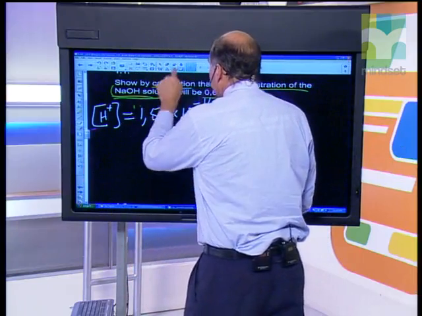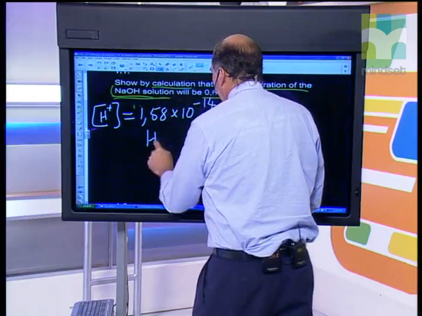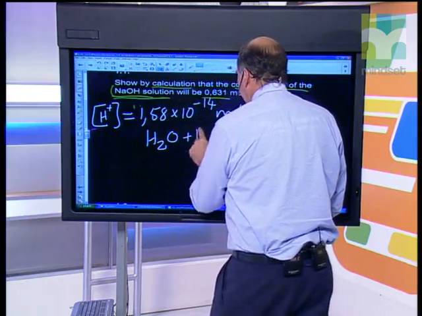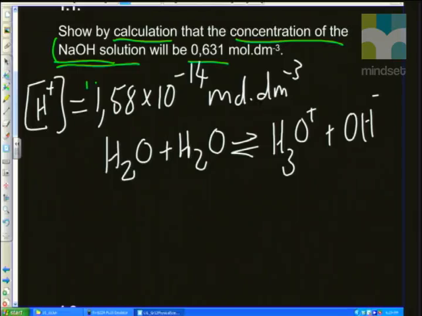So if we look at the Kw, at the expression for water, H2O plus H2O goes to form H3O plus and OH minus. And so what I'm saying to you is we've added to this some sodium hydroxide, which was a solid. It dissolves.